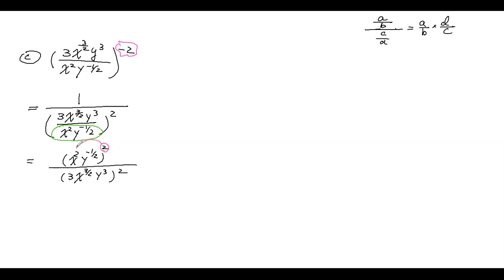We need to use the distributive property, get the exponents inside. So remember, we need to go to every term here, right? Okay, so let's try. 2 times 2, so it's x to the what? X to the 4th, right? Okay, so 2 times negative 1/2. So what is here? Negative 1.